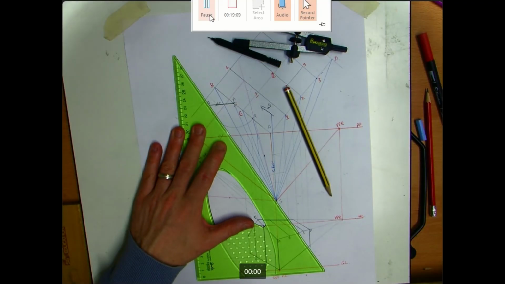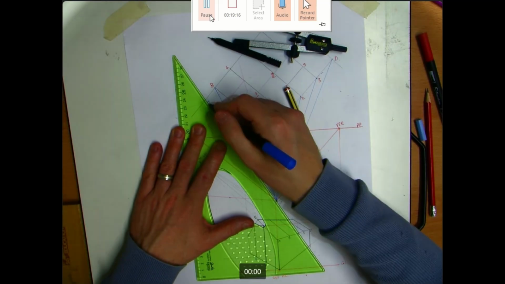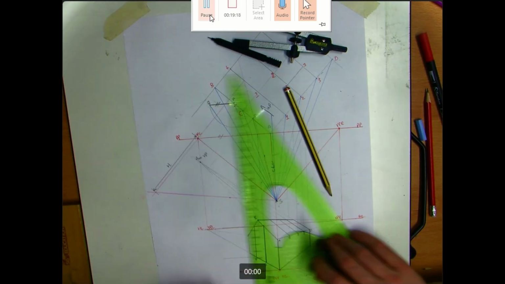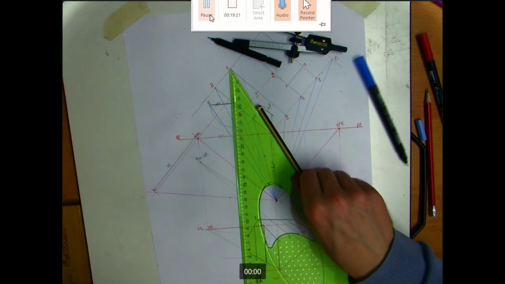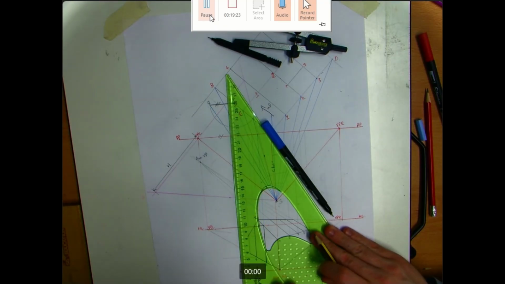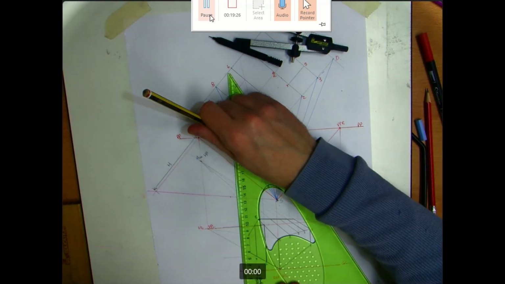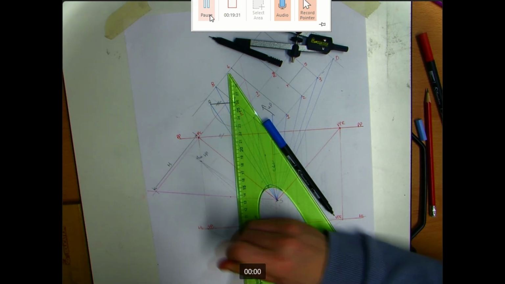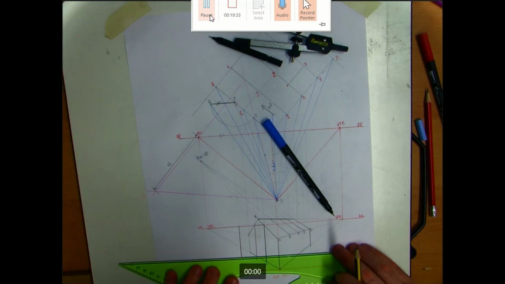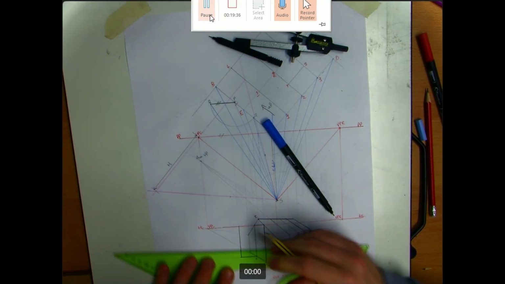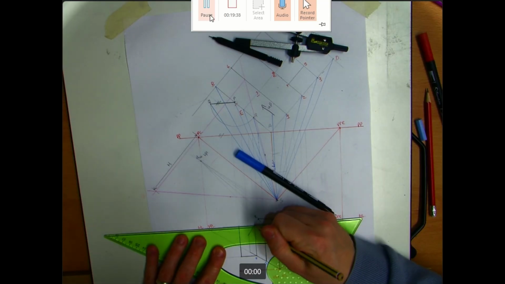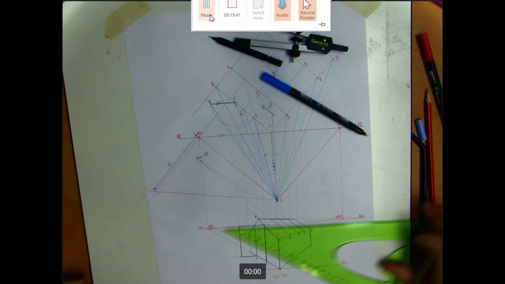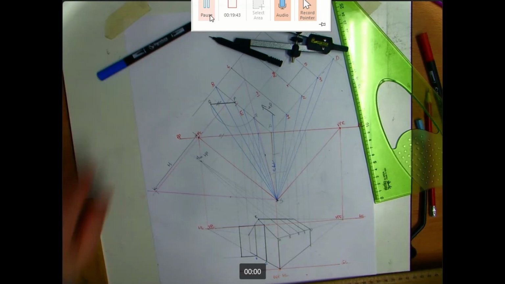We bring Q to the eye of the spectator, where it hits our picture plane. We're going to bring that down. That will give us the location of our open door. It should be a perfect rectangle as it is parallel to the direction that we're viewing.